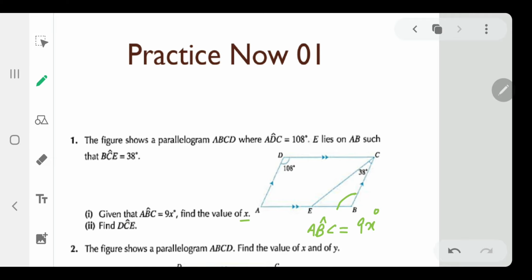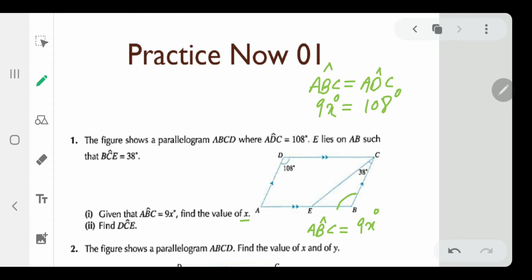So we can write it like this: angle ABC is equal to ADC, which means that this angle ABC, which is 9x, is equal to 108 degree.